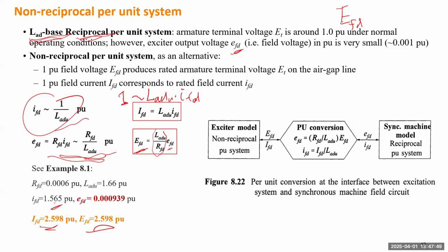So usually in any model, sound exciter, it doesn't use the lowercase EFD or IFD. They use the uppercase EFD and IFD, but there's some internal translation using those two formulas. So you only need to be aware of this one.